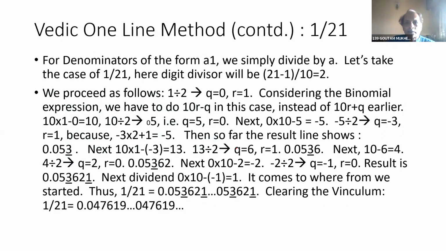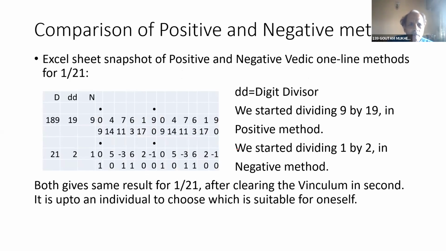I was telling about 21. See the difference for 1 by 21. I could have started with 9 and divided it by 19, because 1 by 21 is 9 by 189. I told you earlier.